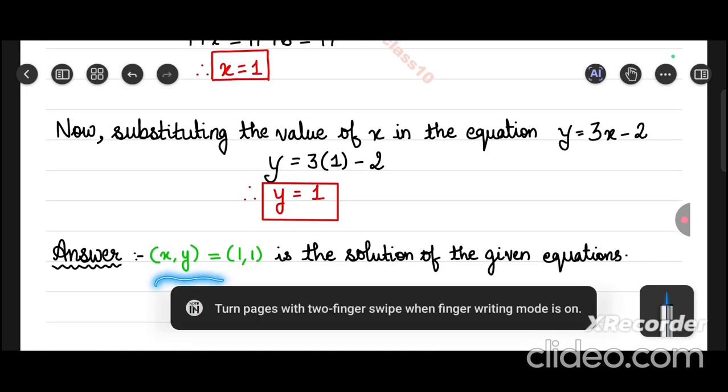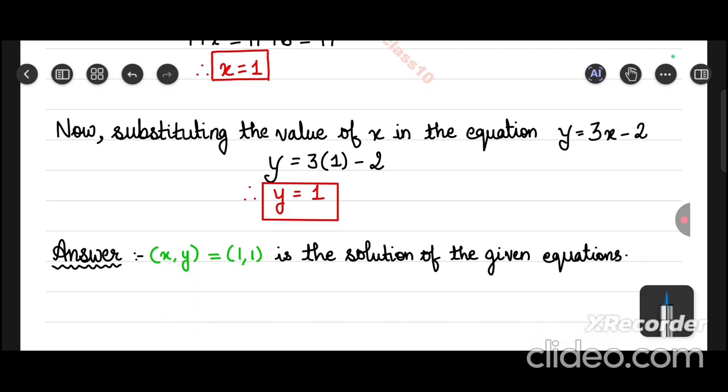So the solution x comma y equals 1 comma 1 is the solution for the given equations, and hence we have the solution for x and y. We got the method of substitution, and also the method of elimination by equating the coefficients.